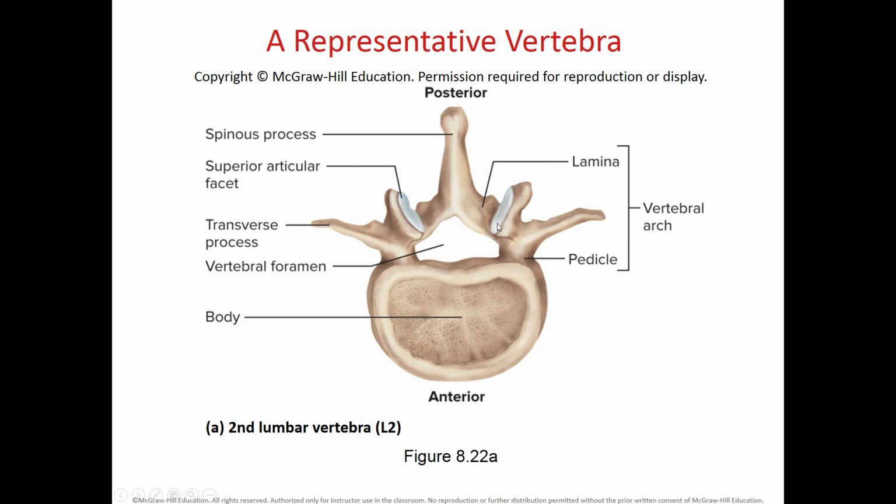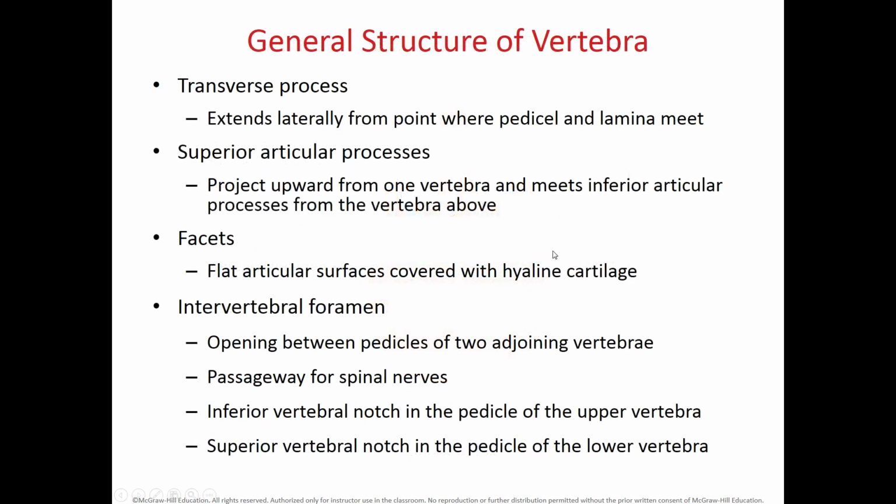And in here you can see the superior articular fossa, and in the inferior view you can see the inferior articular fossa. The transverse processes are lateral extensions from where the pedicle and the lamina meet.